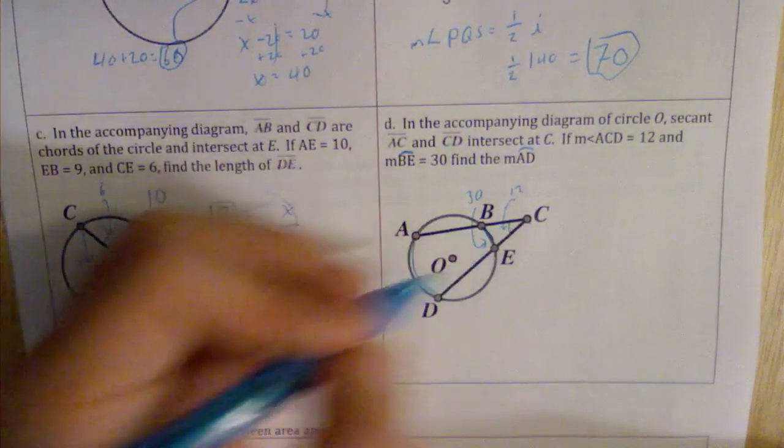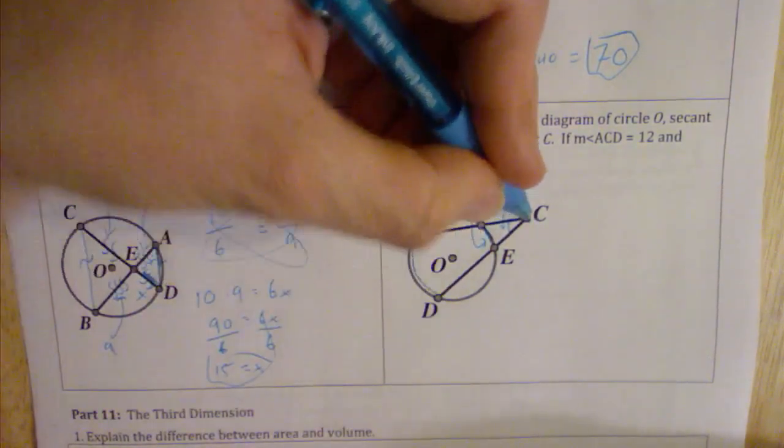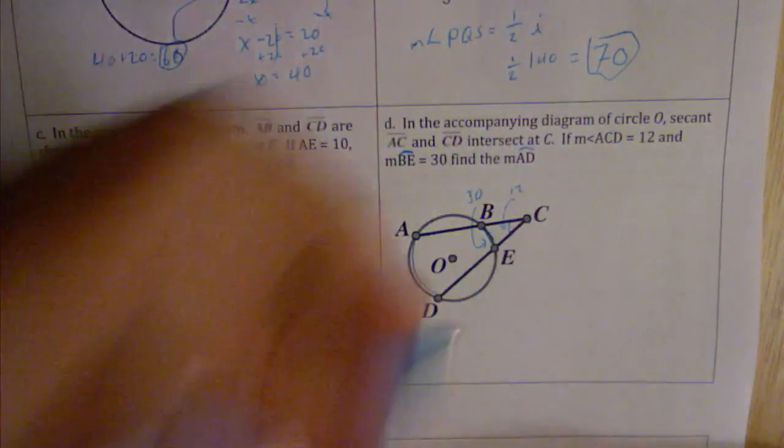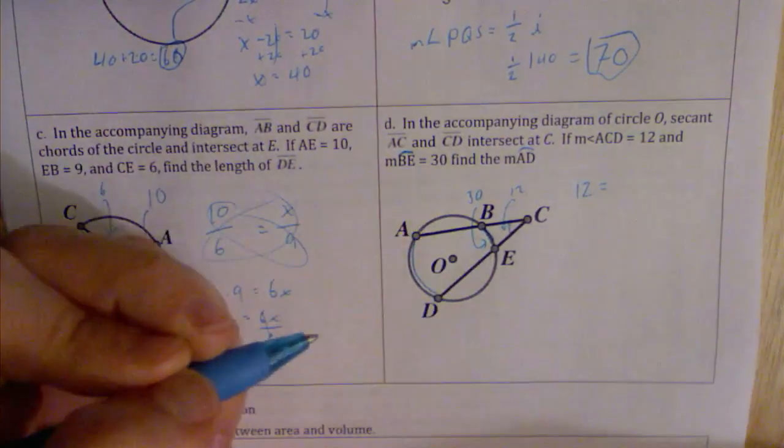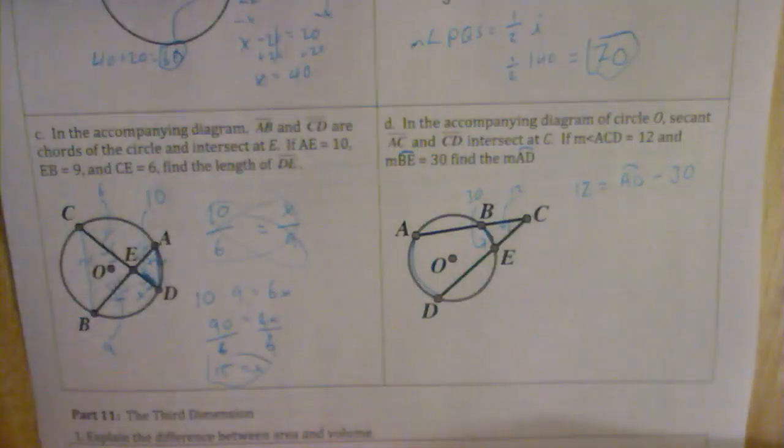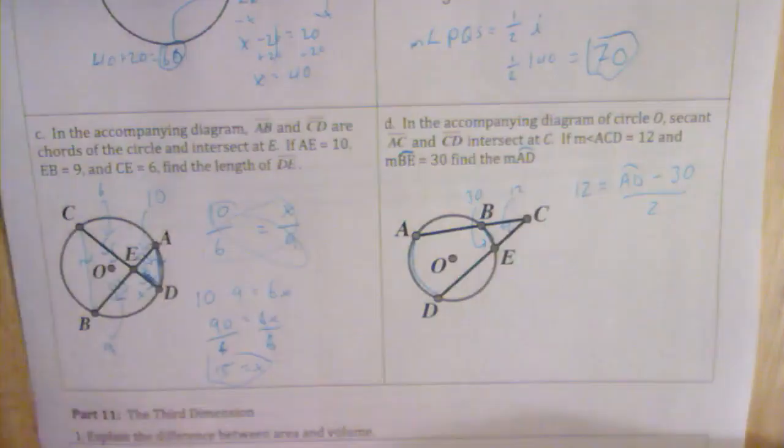Well, again, I've got my point outside of the circle, so that means that this 12 is just equal to my larger arc minus my smaller arc divided by 2. So that's equal to arc AD minus 30 all divided by 2.